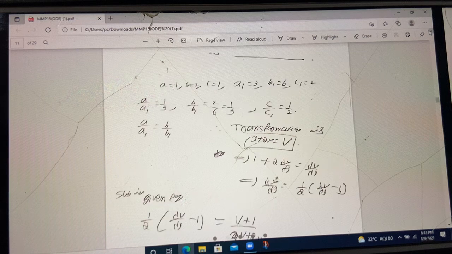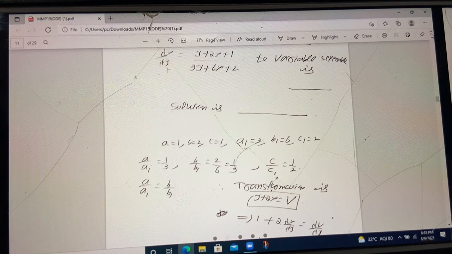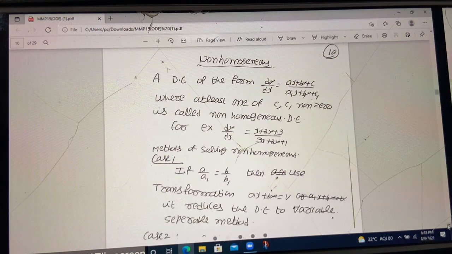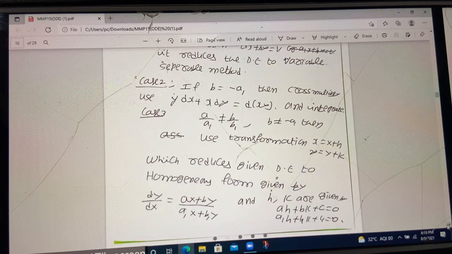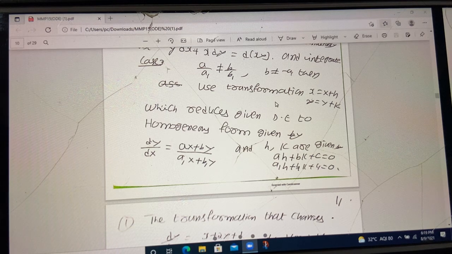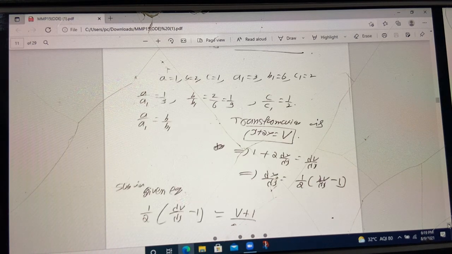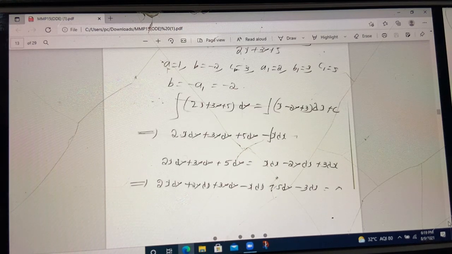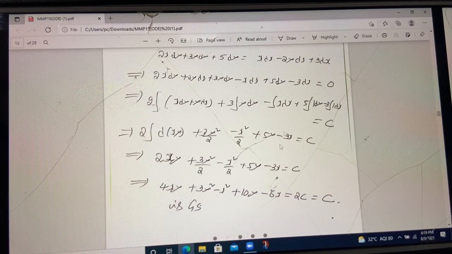Go back to the working group. What is the methodology for this? Whenever a by a1, b equal to minus a1, as we have discussed, we have to reduce y dx plus x dy and write it as d of xy. Wherever you get x dy plus y dx, replace it by the uv form.